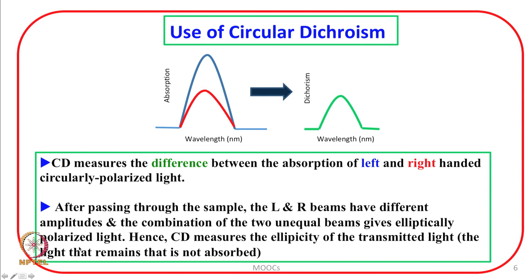I suggest you go through the principle of circular dichroism spectroscopy if you would like to learn more in detail how the elliptically polarized light is obtained. And hence the CD measures the ellipticity of the transmitted light, the light that remains, that is not absorbed, and pictorially it is represented in this figure.